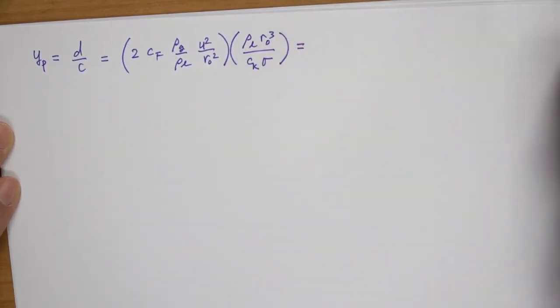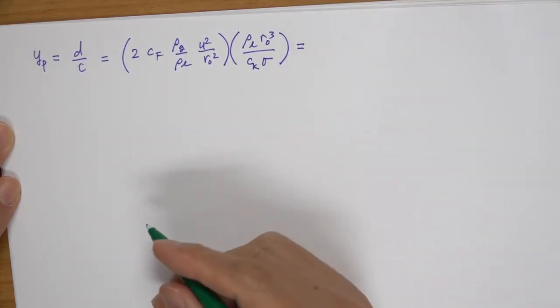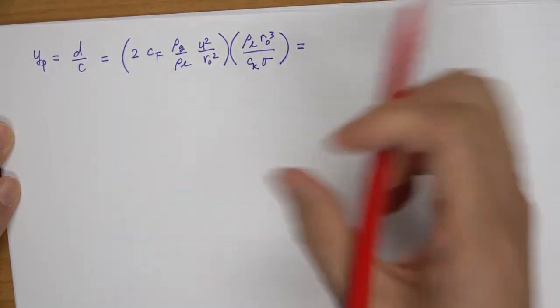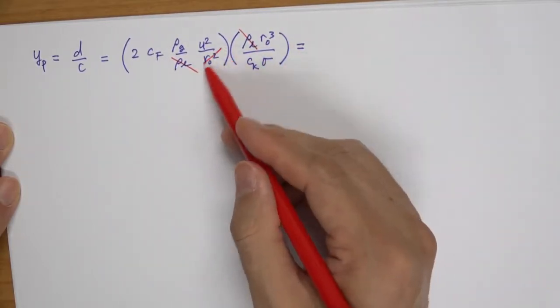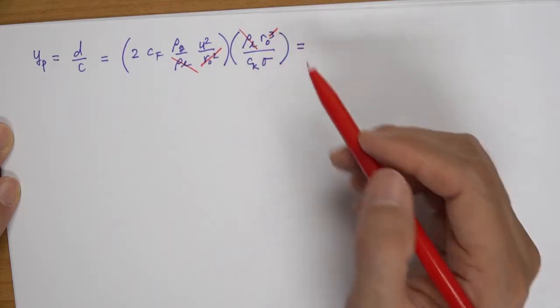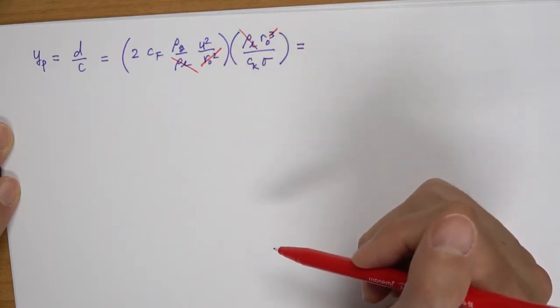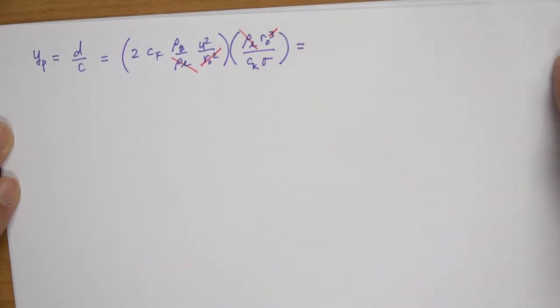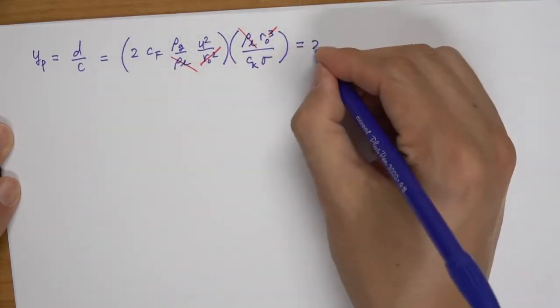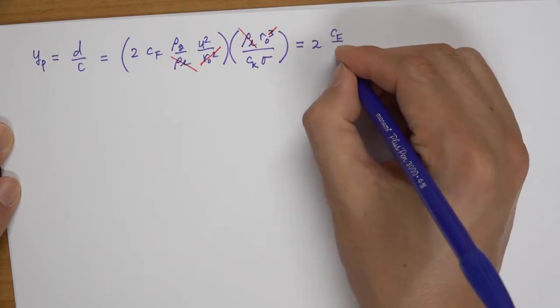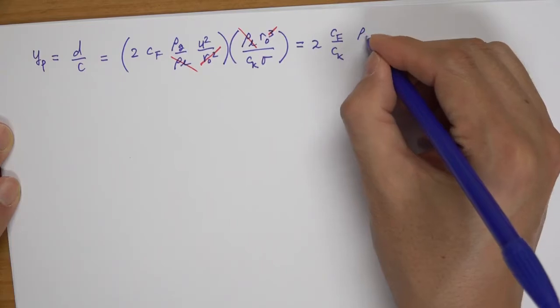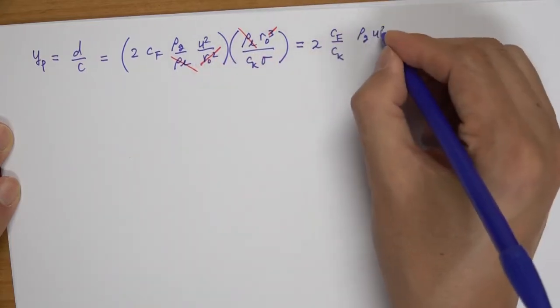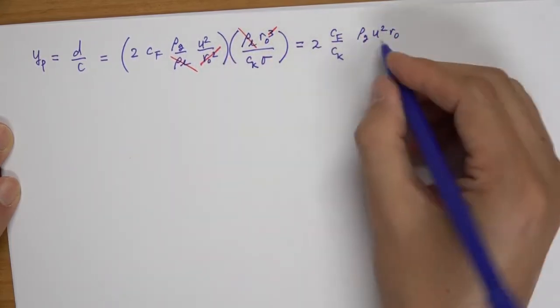Then I can get rid of this, right? So what I will have is 2 right there, and cf over ck, rho g and u square and rho over sigma.